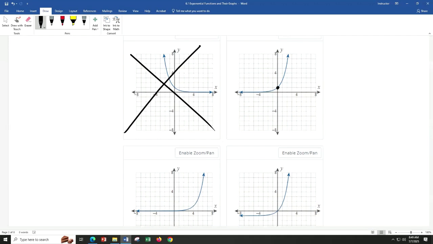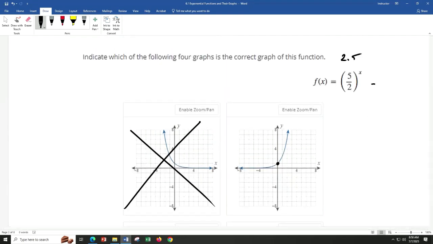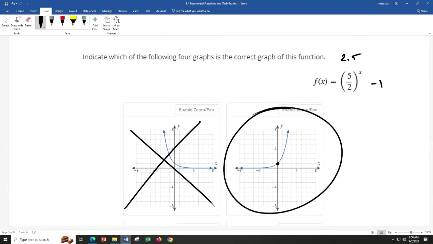Now, it does not mean that it can't be moved. That's what happened here. This one you would have seen an x minus, because that's when things get moved to the right. The other one, notice what happened to it. It actually got moved down by 1. But there's no -1 sitting out here somewhere that would have translated that down, did it? No. So we can just say, hey, that's my guy right there.